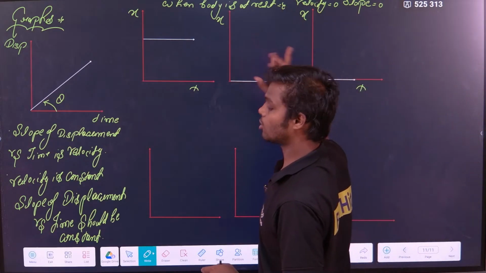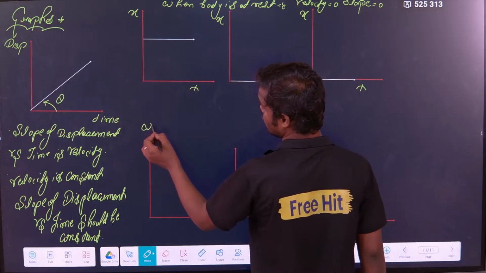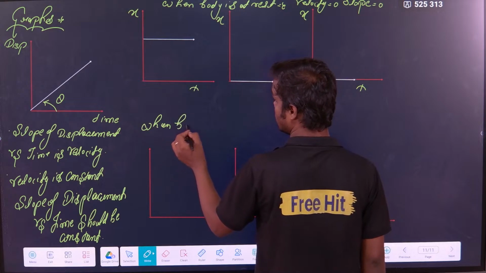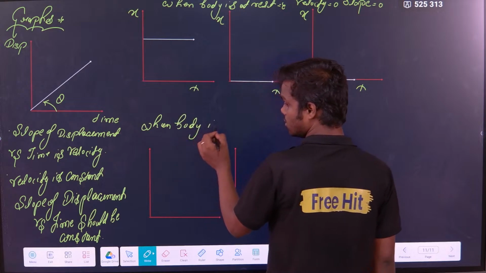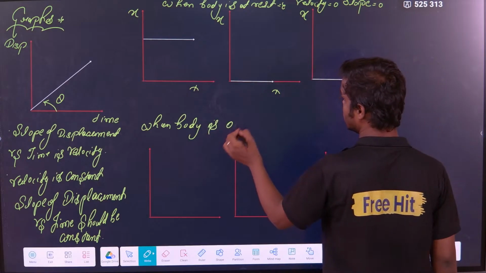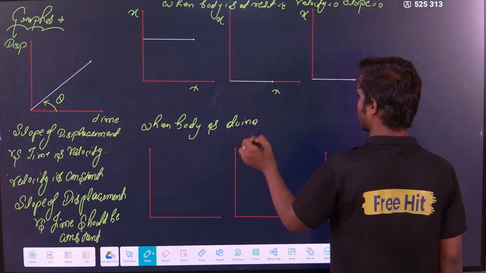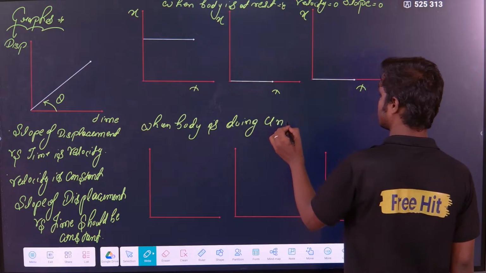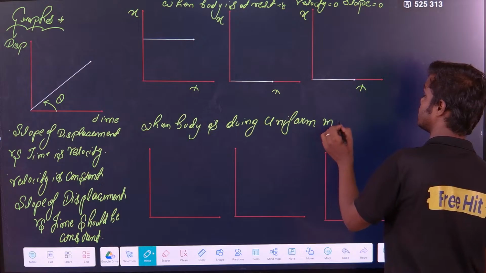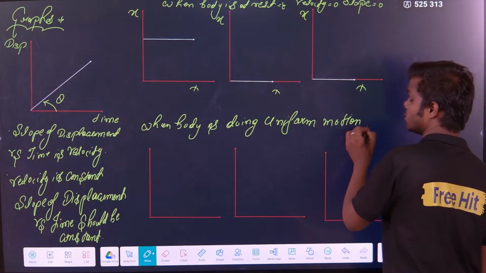First case, when the body is at rest. Second case, when the body is doing a uniform motion. Uniform motion means equal distance in equal intervals of time. Then in that case, my velocity will be constant.